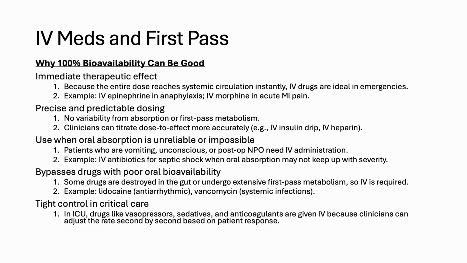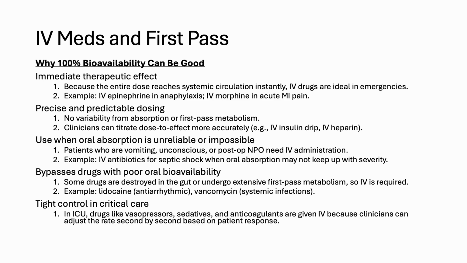There are several reasons why. When you give something with 100% bioavailability that bypasses absorption, like intravenous medications do, you get an immediate effect. That is really good in emergencies, for example, people in pain crises. On the surgical ward, occasionally people will end up with completely uncontrolled pain and we need to get it under control.